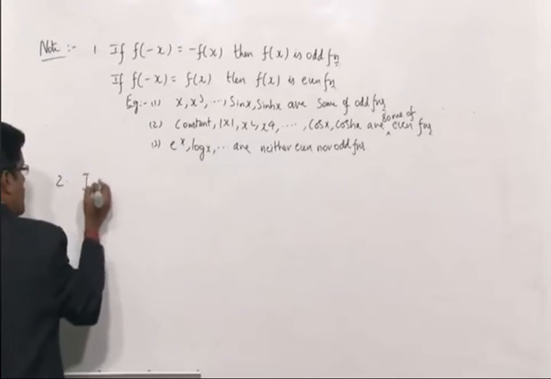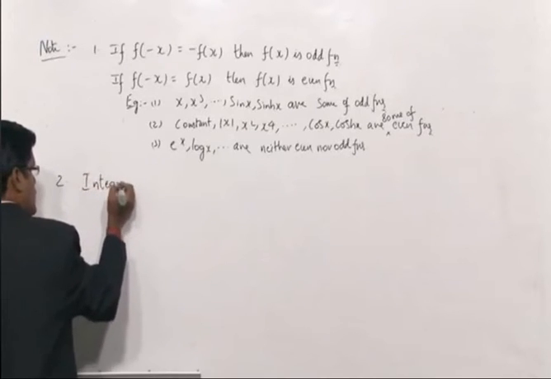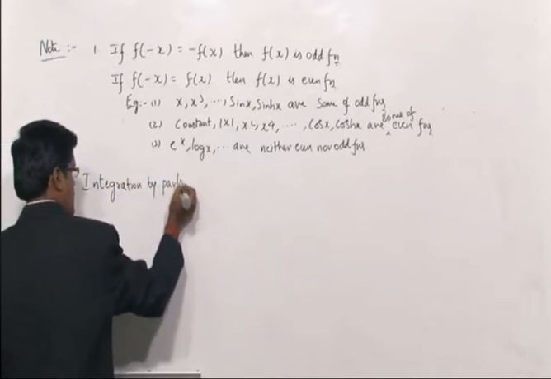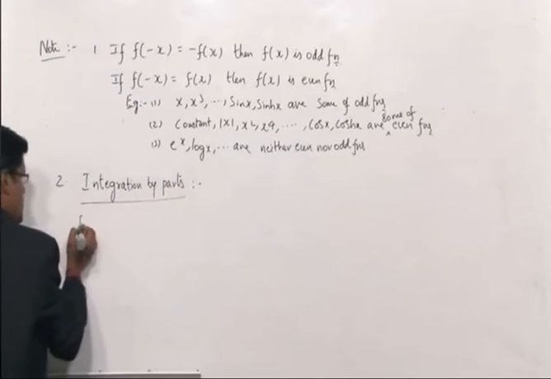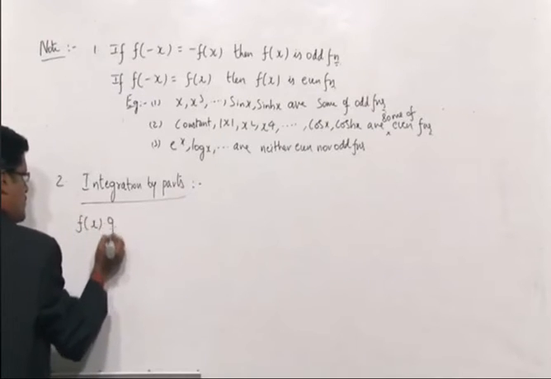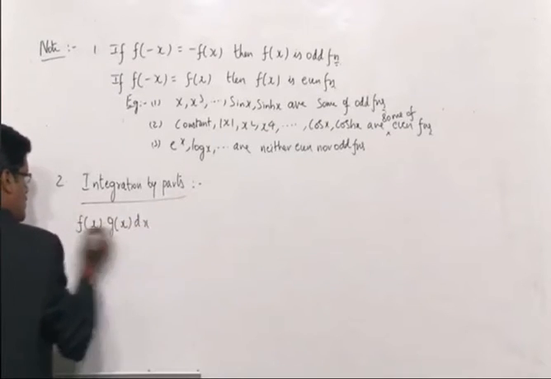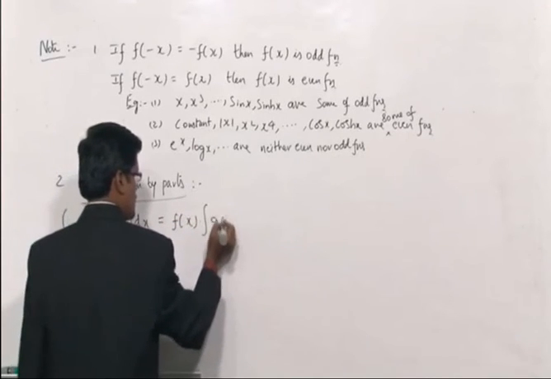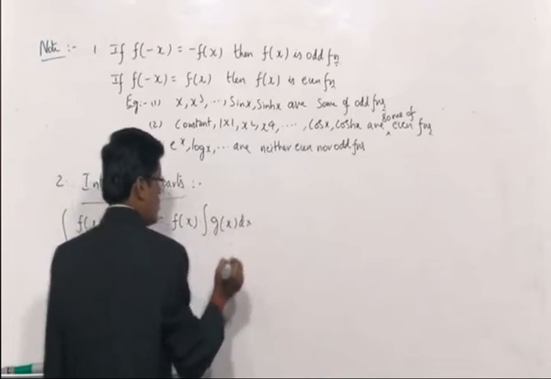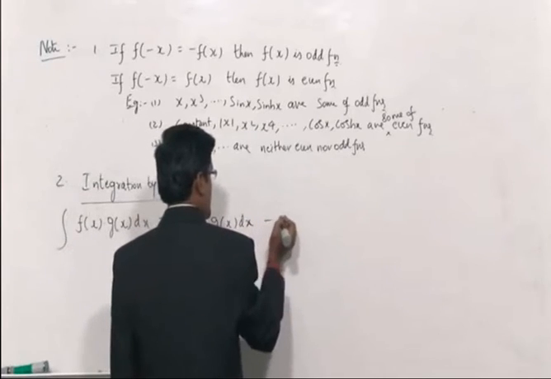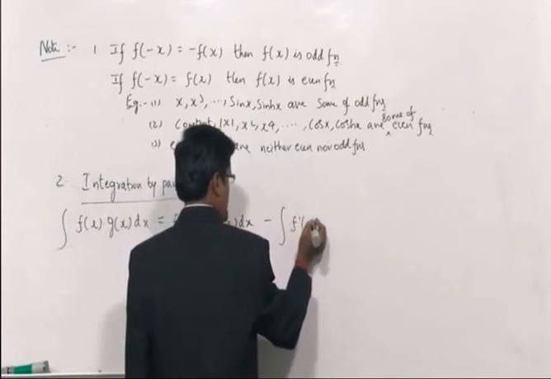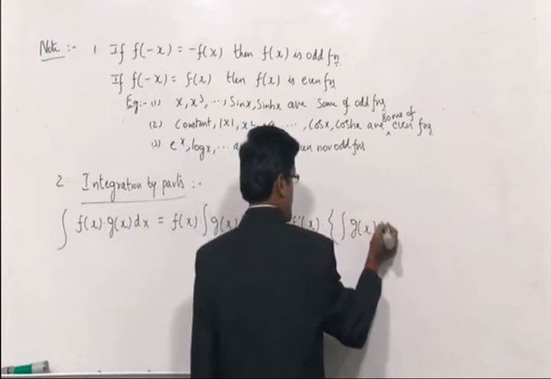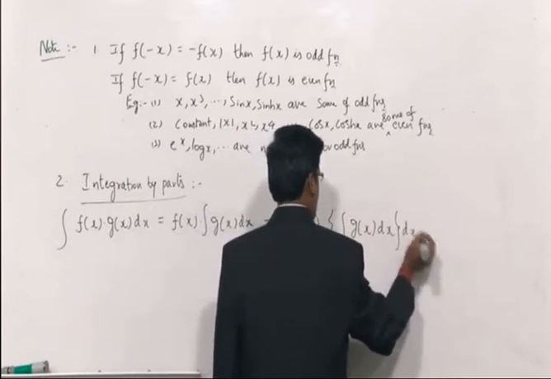Okay. Next, integration by parts formulas. Integral of f of x into g of x dx is equal to f of x into integral of g of x, some others denote this as the integral uv rule, minus integral of f dash x into integral of g of x dx, and then dx.